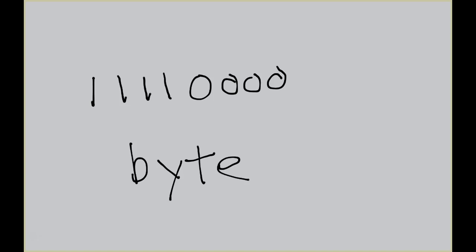A byte, B-Y-T-E. And a byte really becomes something useful. A bit by itself just says on or off. It's that light switch on the wall. I line 8 of them up, and I can start to put some information in there. And I can start to do something with it, because now I have a little bit of data I can store.